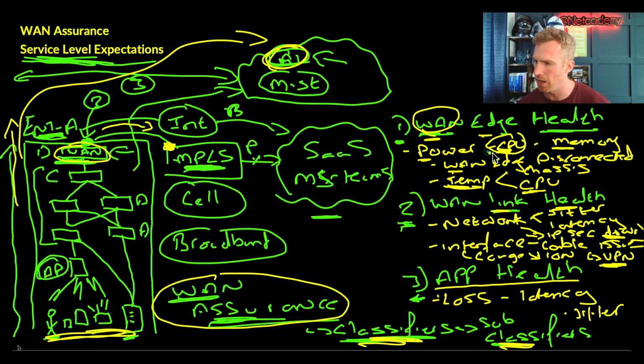But if it's running at a high CPU, Mist will say this is running at a high CPU, this is how long it's been running at a high CPU, but most importantly, this is why. It's downloading a constant amount of feature updates or firmware updates, or maybe someone's doing an upgrade of the firmware itself, or maybe the control plane and data plane are just experiencing a high volume of traffic.